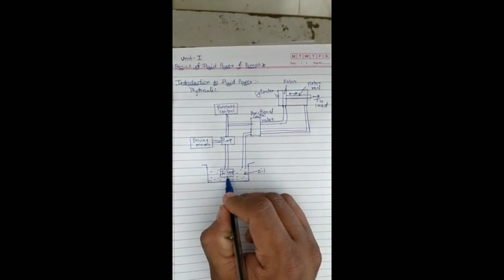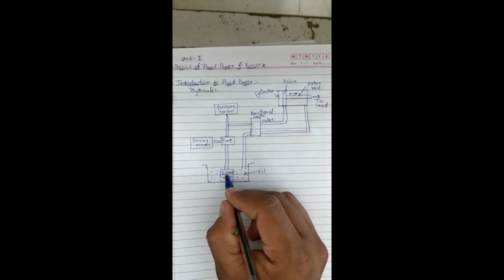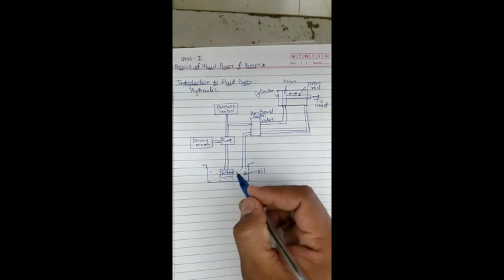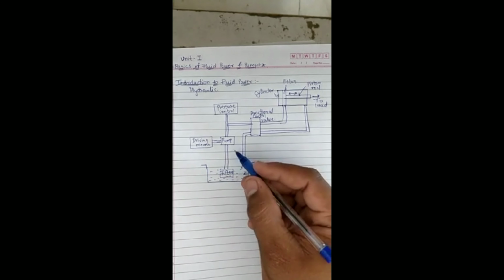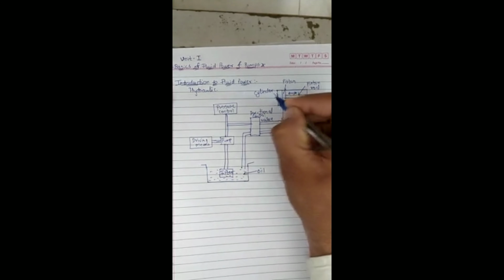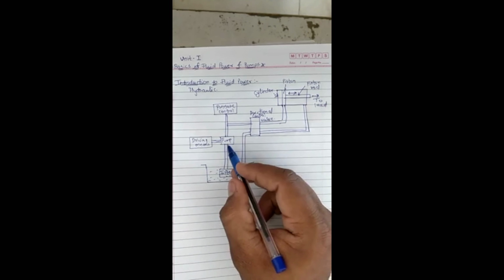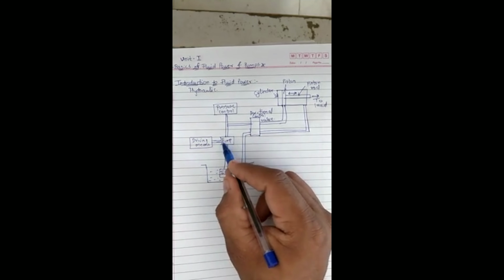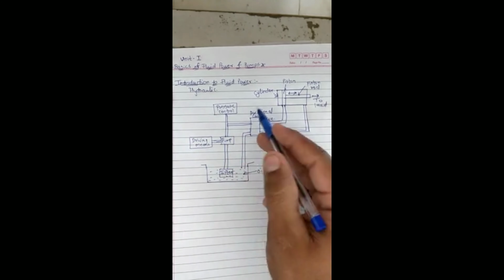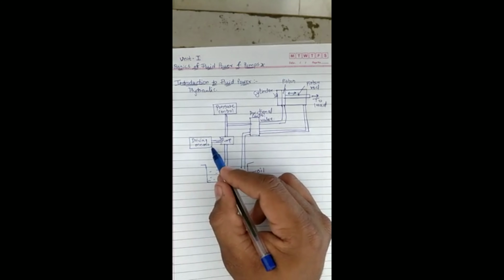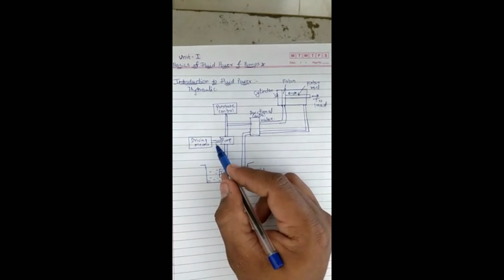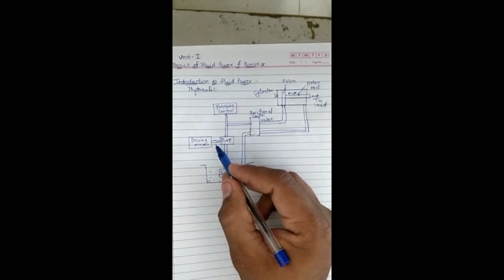First there is a filter. In this, oil gets filtered for the system so that there is no disturbance in the process. Then there is a pump. In this pump, the pressurized oil flows to the whole system through a driving means, for example a motor.